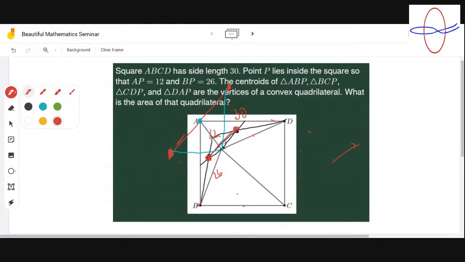Can you say something about it? Which is the right angle? Which is the right angle? This is the right angle. You're right. Then you're almost on the right track.